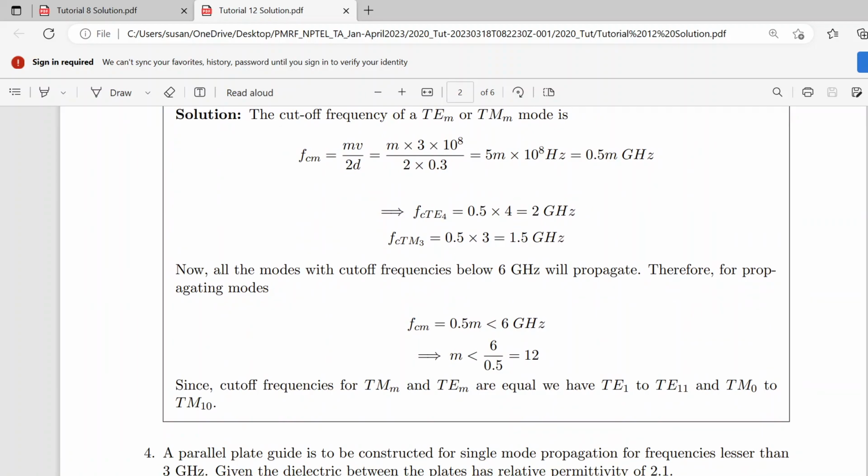So let us write it as 30 into 10 power minus 2.